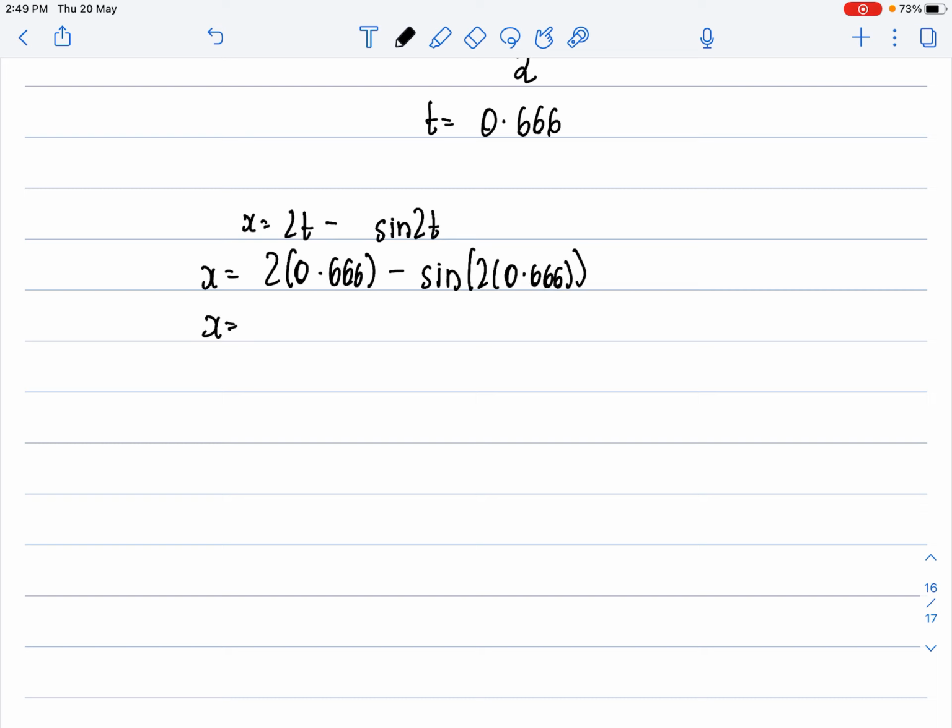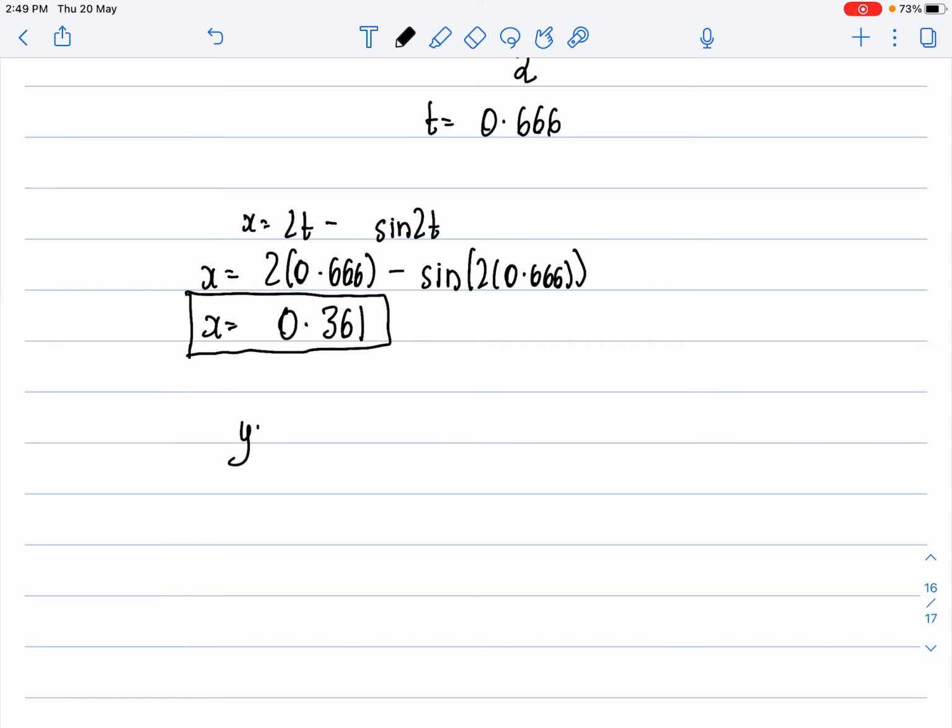So I can just solve this on the calc. Make sure you are in radian mode. I'm repeating myself because many students do commit this mistake. When I solve this on the calc, I get my answer as 0.361, to 3 significant figures.